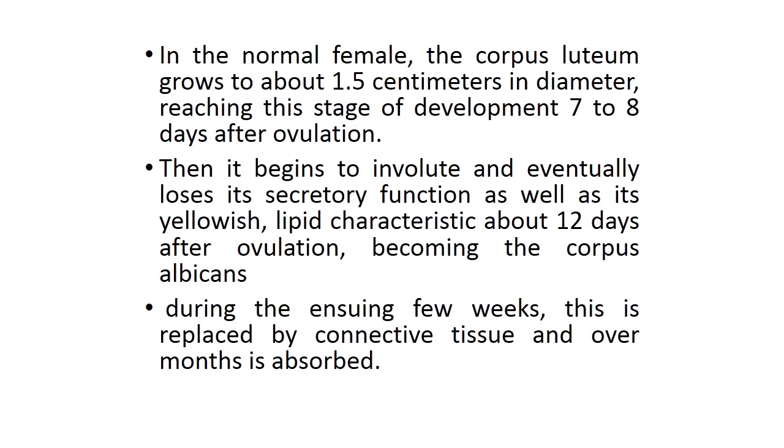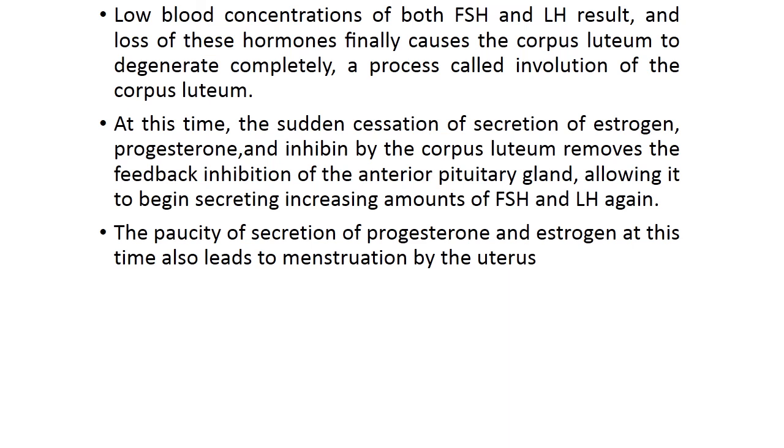During the ensuing few weeks, this is replaced by connective tissue and over months is absorbed. Loss of these hormones finally causes the corpus luteum to degenerate completely, a process called involution of the corpus luteum.